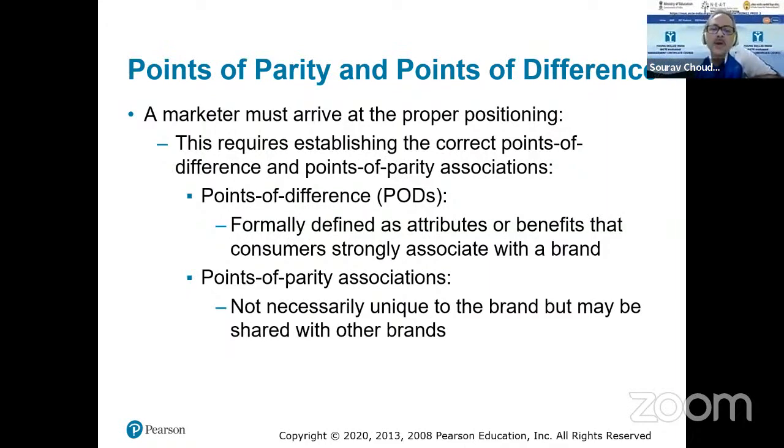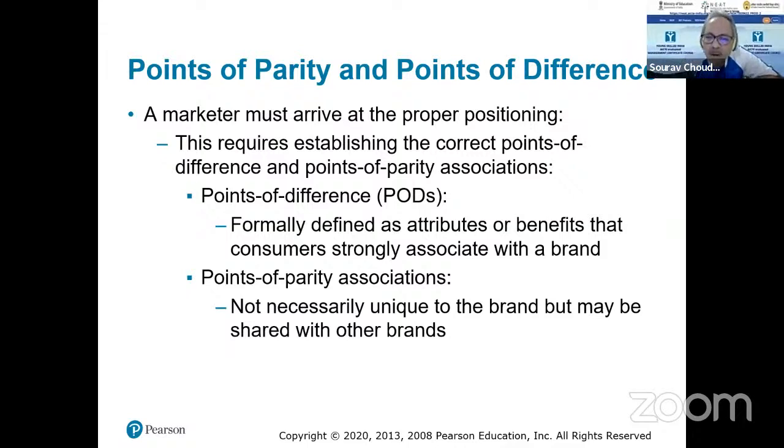Now, if I do not have a point of parity with a four-wheeler, I mean, a Maruti car or a Mahindra car or a Tata car, how will my consumers come to know that I belong to a four-wheeler category? Automobile also means two-wheeler. Automobiles also means trucks and buses. Correct. So first point is that if I need to be in that competition, I need to first get into that category. My consumer should consider me into that category. And for that, my point of parity is important.